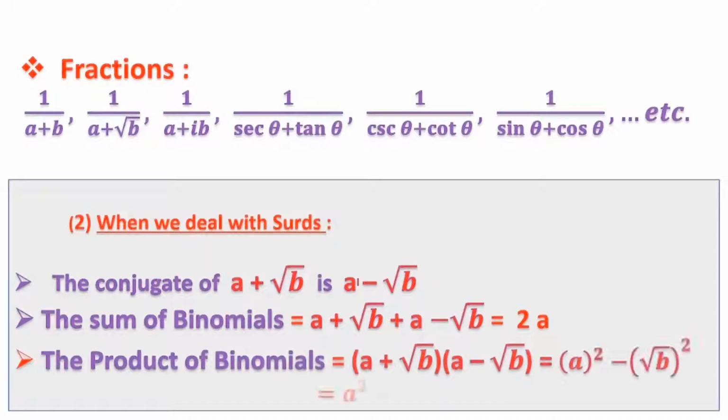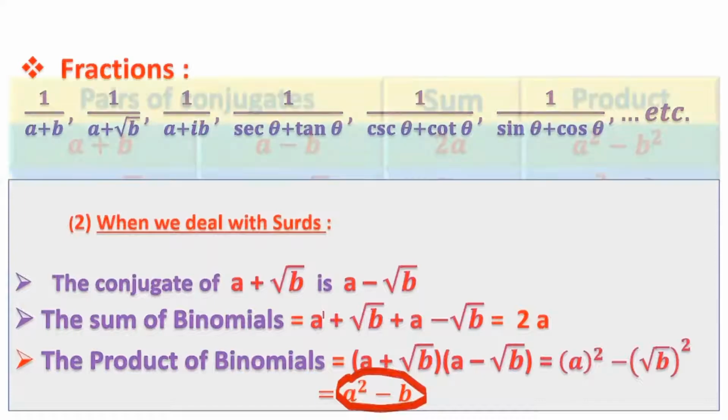The product of binomials is equal to a plus root b into second bracket a minus root b, which is equal to a whole square minus root b whole square. A whole square is equal to a square and root b whole square is equal to b.